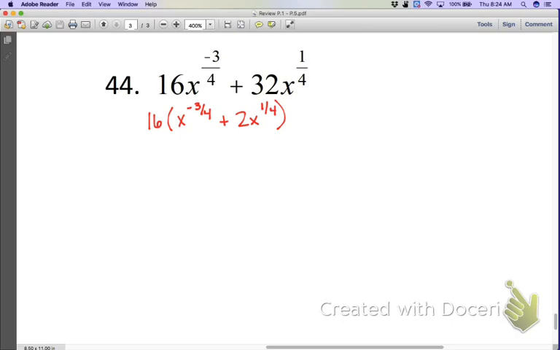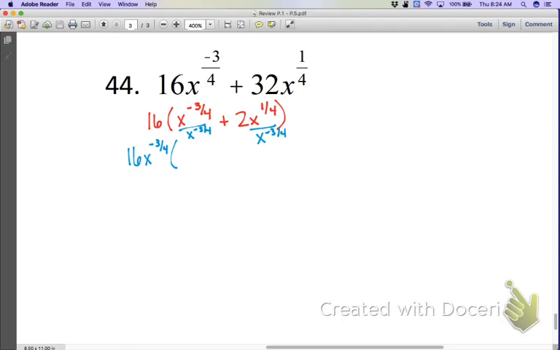So that means I'm going to have 16 out here still, and I'm going to have x to the negative 3/4. Since I do that, I'm going to take x to the negative 3/4 and divide each one by x to the negative 3/4.